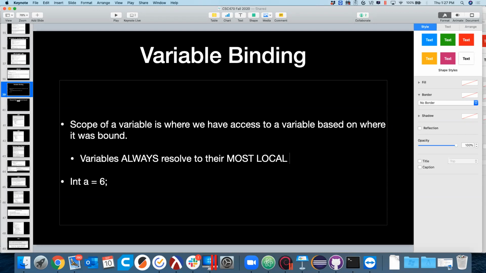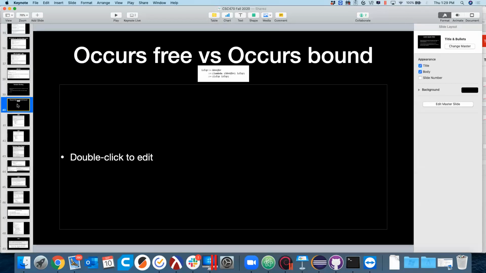Historically I would have said most local definition, but we're going to say definition and then I'll throw binding in there. So really definition and binding are synonymous in this example. When we define a variable, we are binding a variable and a value to each other. All right, so nothing new here. This is stuff we're already familiar with, pick your favorite programming language. We define variables, we have access to those variables wherever we have access to them, and a variable always resolves to its most local definition. That's the purpose of what is coming up next, which is a variable environment.